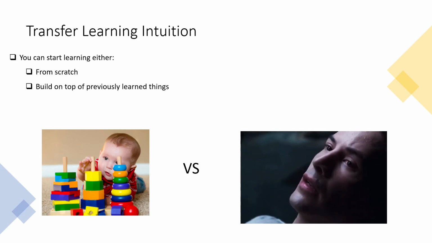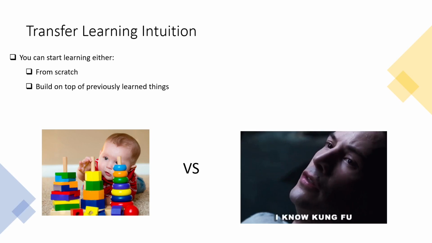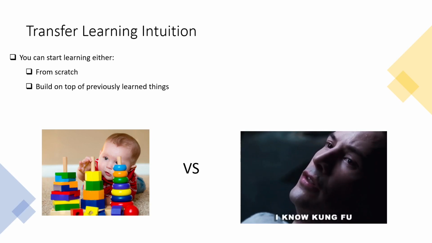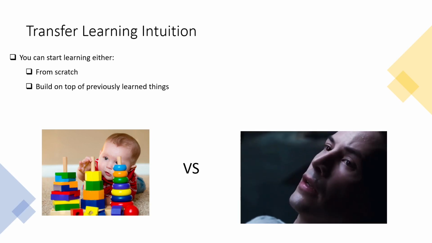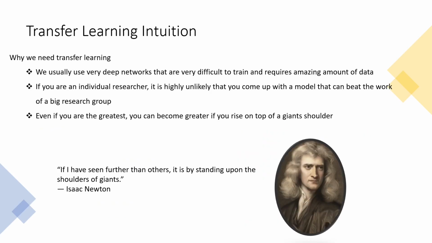But let's say if we work like the people in Matrix, for example, and if you get a pill that basically transfers you some knowledge, then your learning process is much easier. You don't need like 10 years to learn, for example, calculus or some basic mathematics. That's the idea behind transfer learning. So make use of previously learned stuff. Just don't start from scratch.